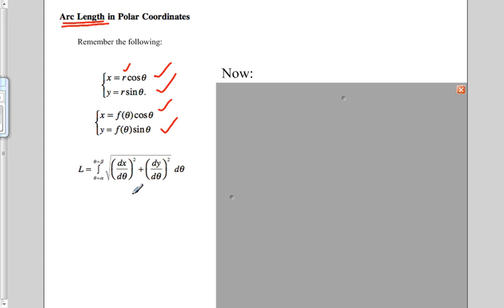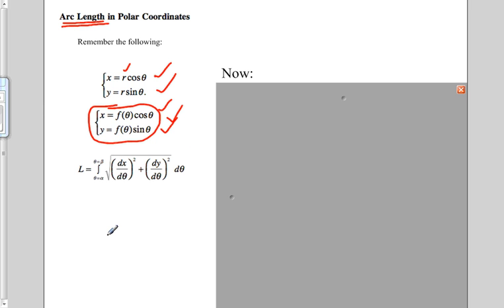And what we remember from arc length, this looks similar to how it looked for parametric equations, is that arc length is the integral of the square root of dx d theta squared plus dy d theta squared, d theta. And what we want to get is an expression. We want to simplify this expression.